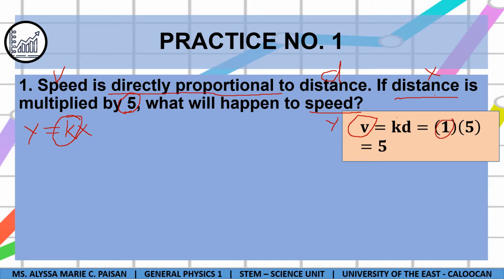And it says here that you multiply distance by 5, so we put 5 here, we multiply the 1 and 5, and the result is 5. Therefore, the answer to what will happen to speed: speed will be multiplied by 5.